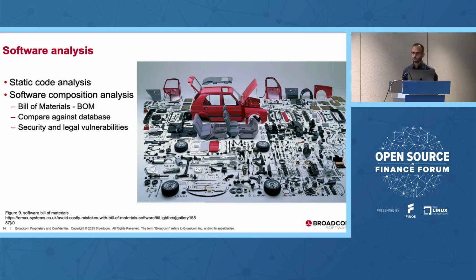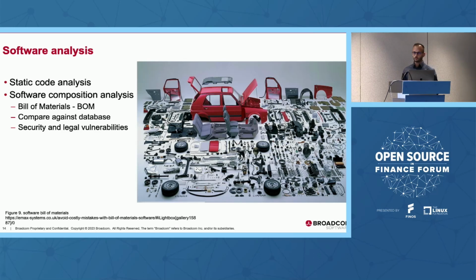Maybe the more important thing is software composition analysis. I believe you heard a lot about it today. It's all about the bill of materials of the software. And basically what it's doing, it creates this bill of material for you, which is a list of all the dependencies, like everything what your software contains.